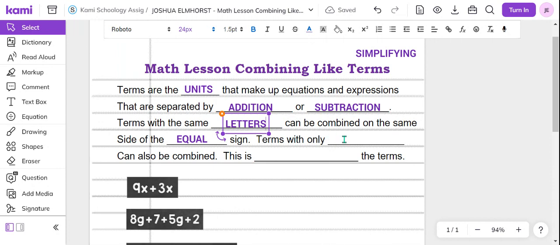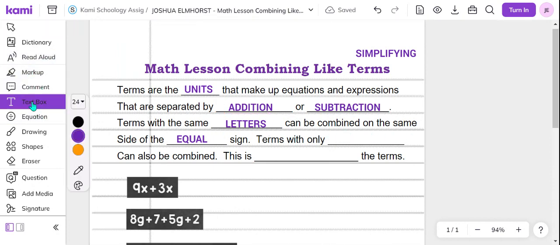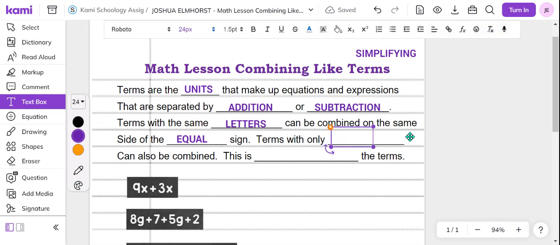Now, terms with only numbers, we can do that also. Terms with only numbers can also be combined.